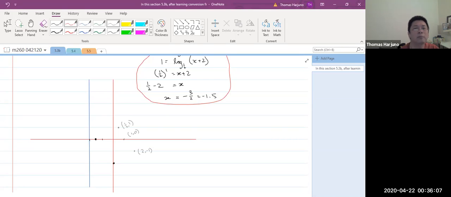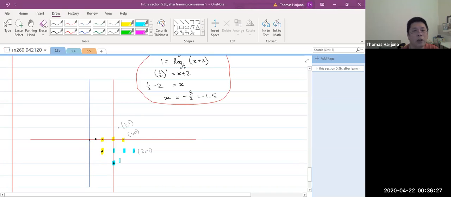Now then, (1, 0) move 2 units to the left and 1 unit down, so it will be there. (2, -1), 2 to the left, 1 unit down.